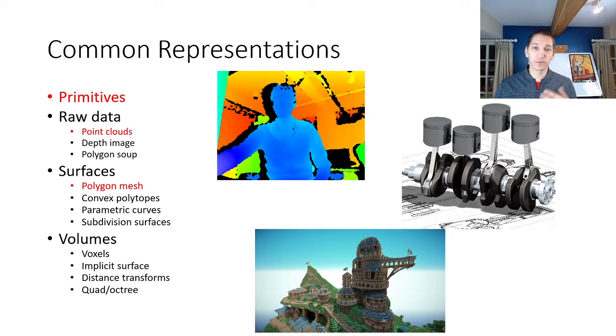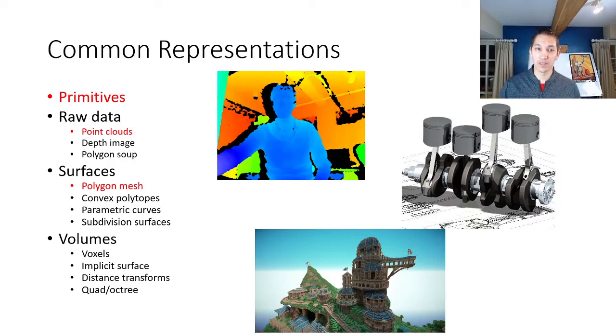There's lots of different types of representations that people use in robotics, and we'll typically use geometric primitives. There's also point clouds, which come from raw data, and we're also going to be talking a lot about triangle meshes. But there are all sorts of other types of representations that you might see if you're working in robotics. So for example, depth images are going to look like this picture in the middle here.